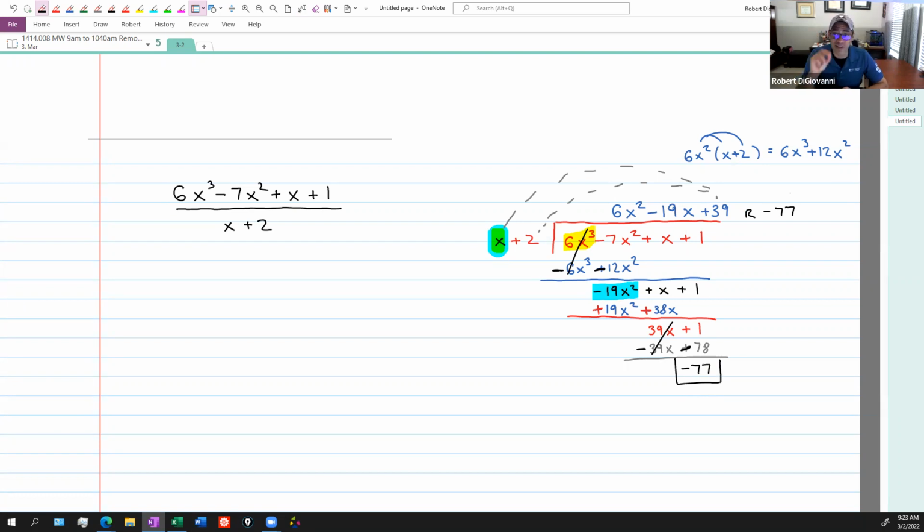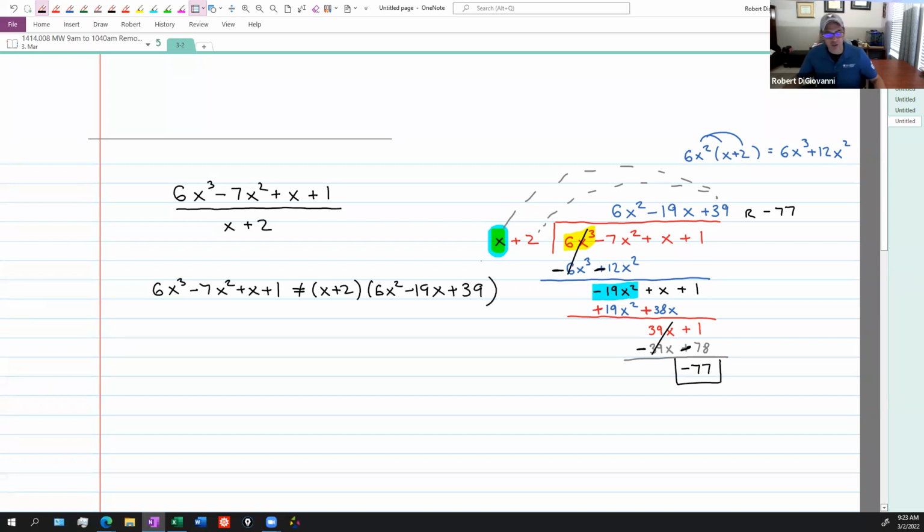Notice the remainder is not 0, right? Which means that there's no way that you can say this numerator is equal to x plus 2 times 6x squared minus 19x plus 39.